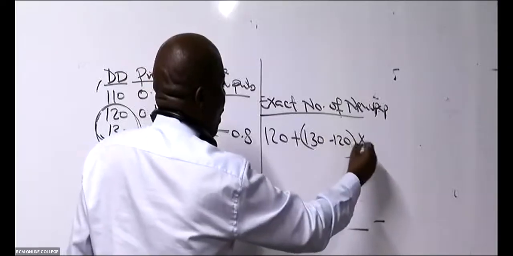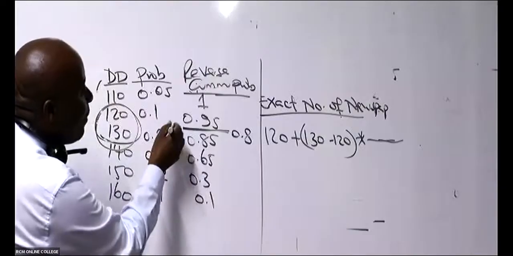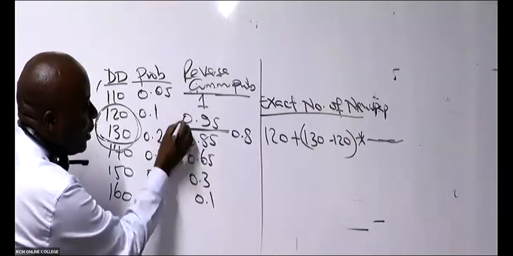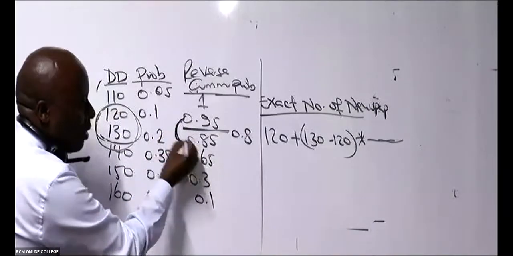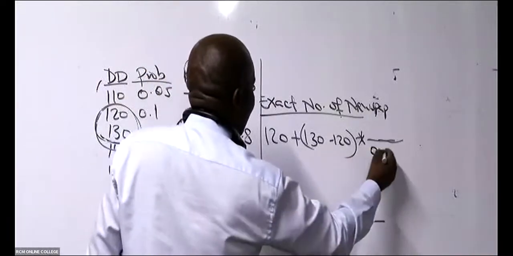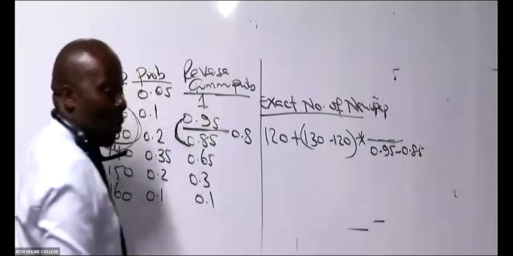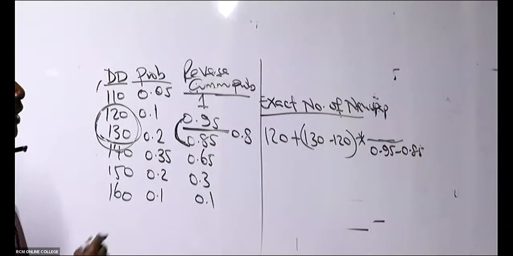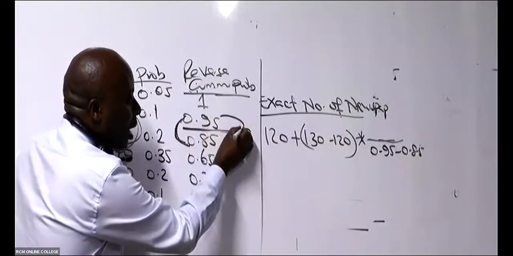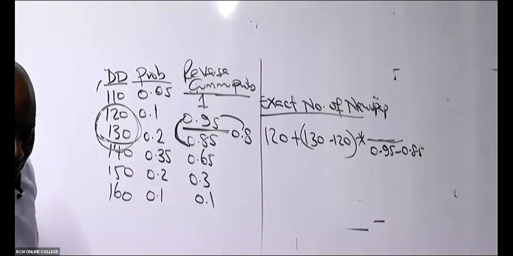For the denominator, it is the bigger difference, the bigger arc, which will be 0.95 minus 0.85. How about the numerator? I would always use the upper arc.